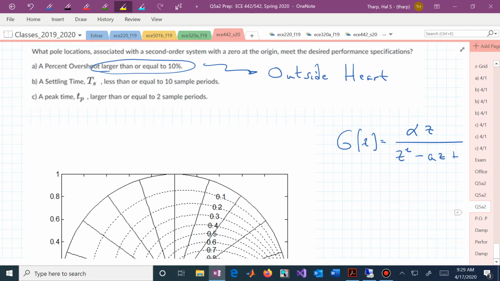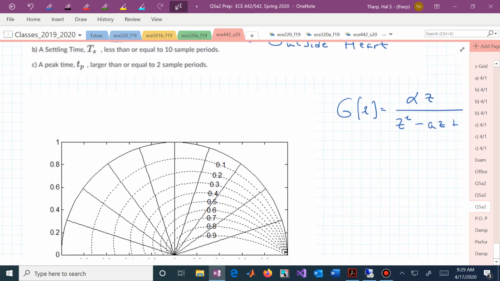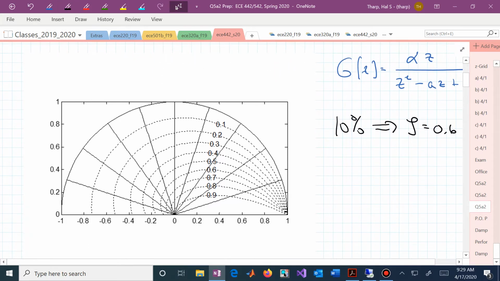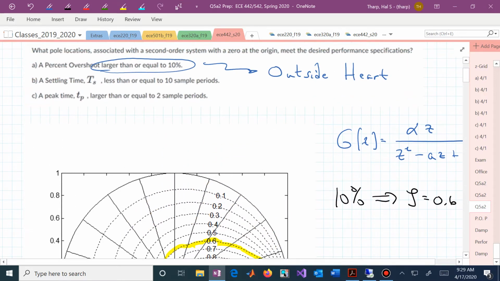If we look at this, it says outside the heart. Well, that 10% overshoot is saying zeta is equal to 0.6. We are saying that we are somewhere above that heart. So we're over here to satisfy that first specification.